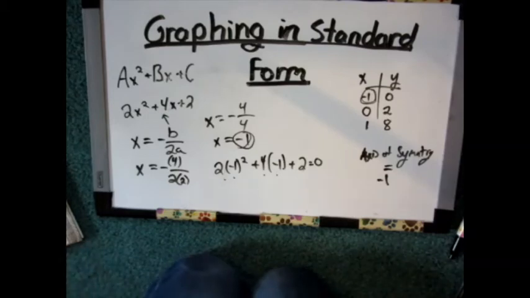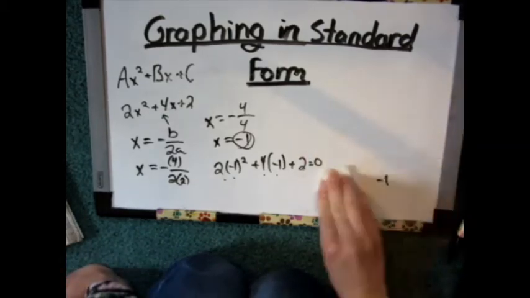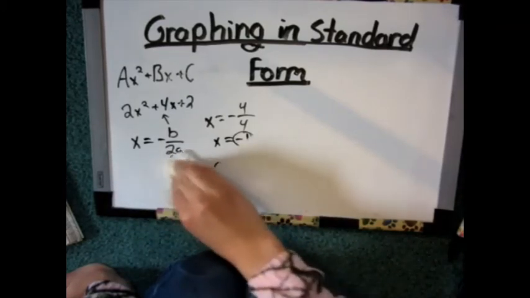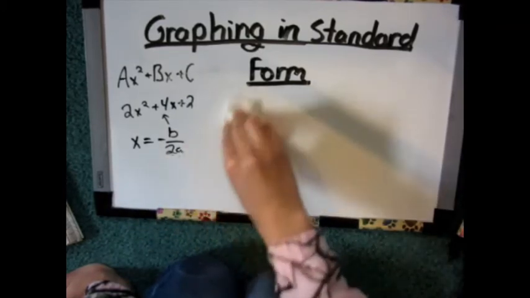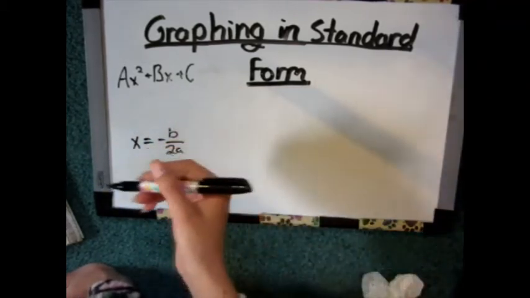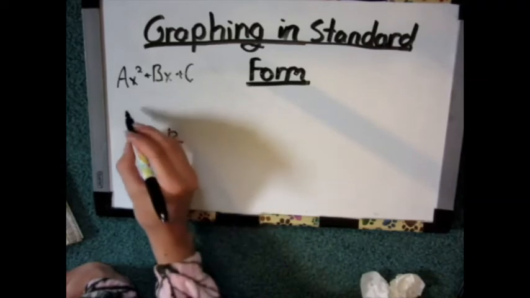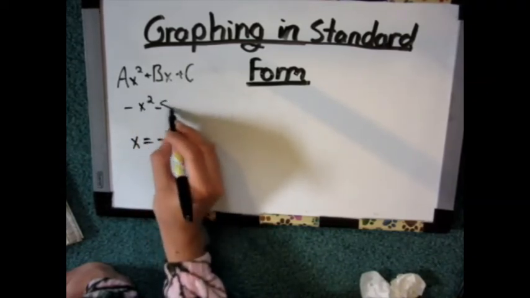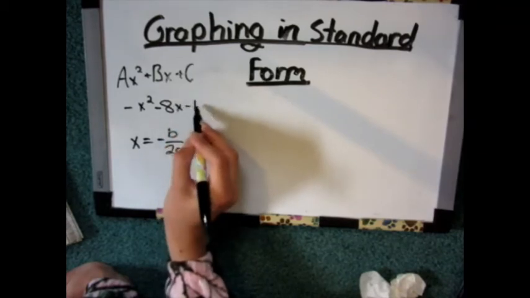Alright. Now let's try another example. I'll leave the formula there. Okay. Negative x squared minus 8x minus 12.